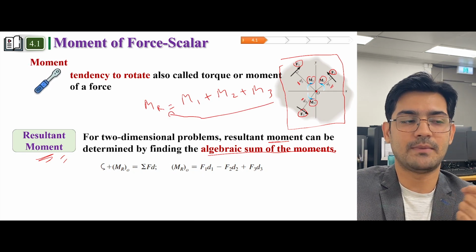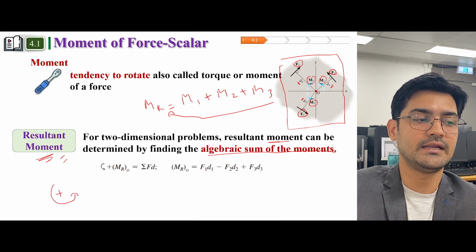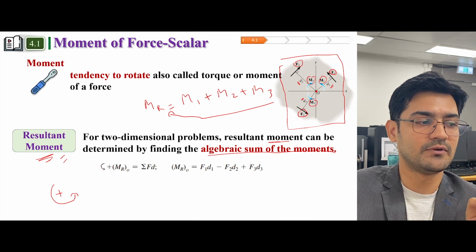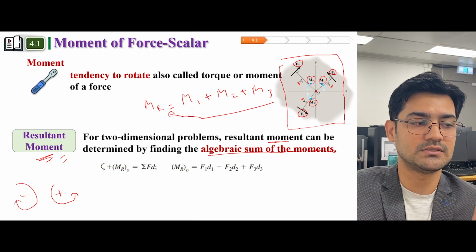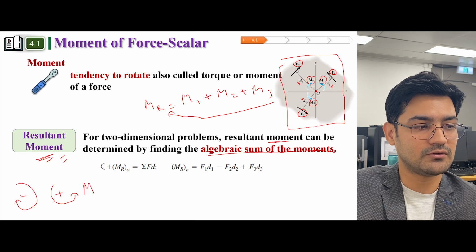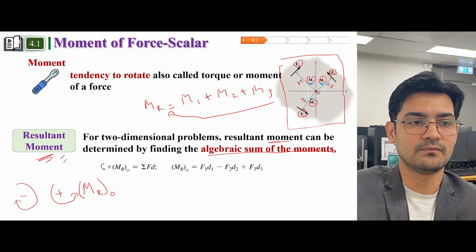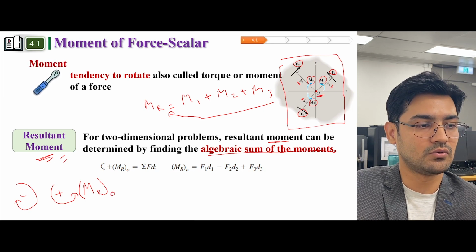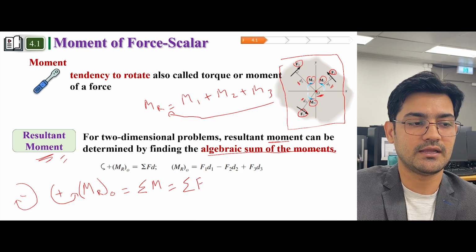For example, by convention, we take a moment acting anti-clockwise as positive. So if a moment is clockwise, we will take it as negative, and if a moment is anti-clockwise, we will consider that moment as positive. In order to figure out the positive moment resultant about axis O, we can sum all the moments, and a moment is actually nothing but force into distance.